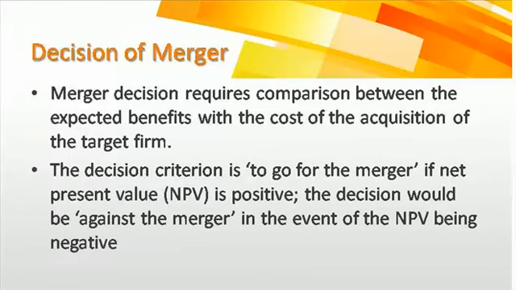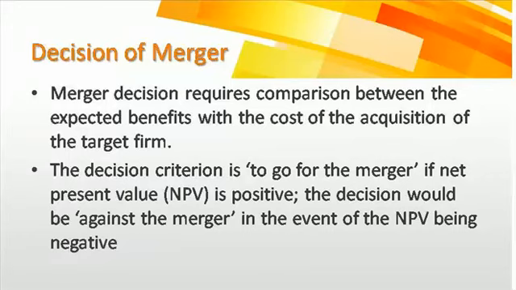That means the net present value is the benefit the target company is giving after acquisition. If that benefit is more than the cost of acquisition, then the NPV will be positive and the acquiring company will go for the merger. If the benefit the target company will give after merger is less and the cost of acquisition of the target firm is more, then definitely the acquiring company will not go for a merger. It will be against the merger.